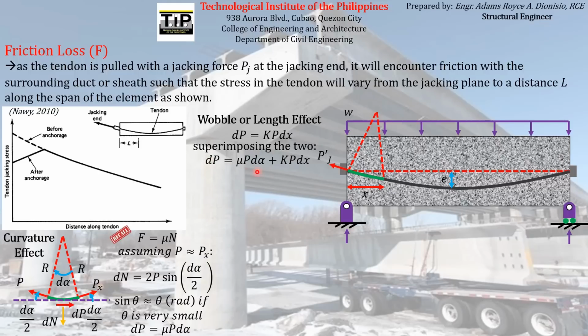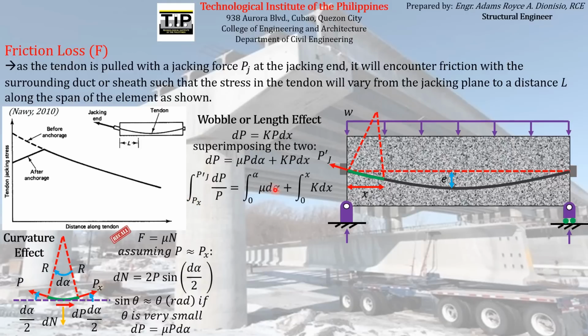So if we divide the whole equation by P and then integrate with the corresponding proper limits. Since we are in terms of dP here, the limits must be in terms of P, the jacking force or jacking stress acting on the pre-stressing reinforcement from the jacking end, which is this, to the other end, which we just called the magnitude Px.